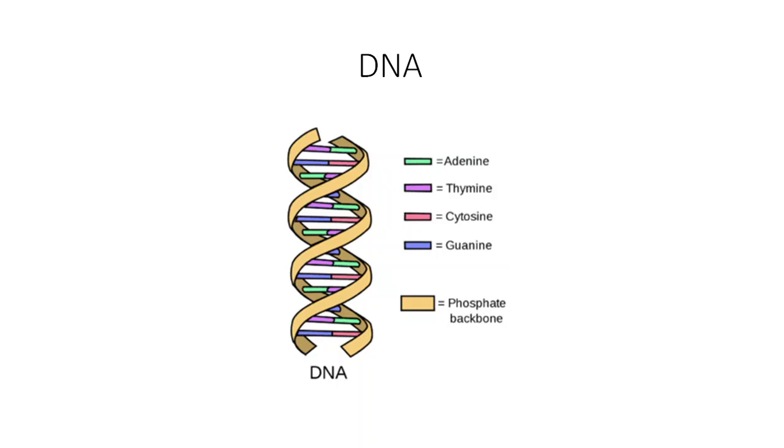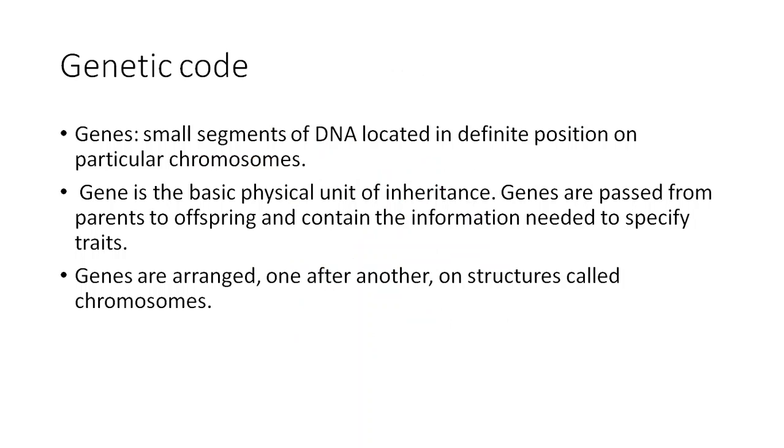The bases adenine, thymine, cytosine, and guanine are known by their initials A, T, C, and G. They pair up in four combinations, that is AT, TA, CG, and GC, and coil around each other. The sequence of 3 billion base pairs constitutes the genetic code, which determines all inherited characteristics.